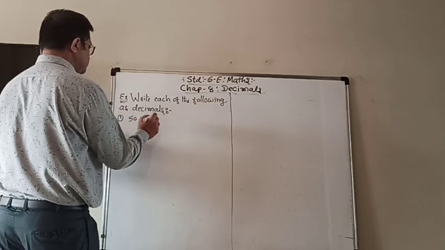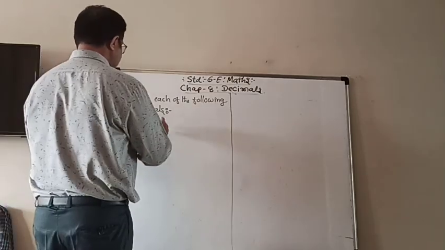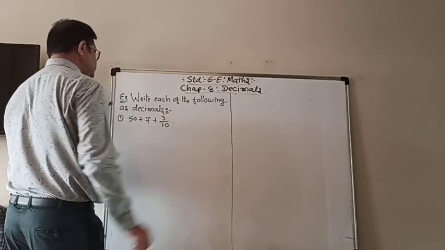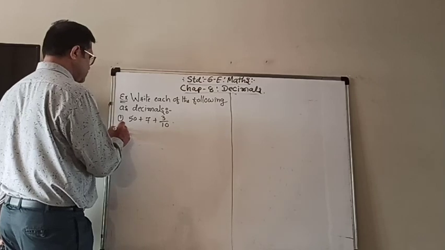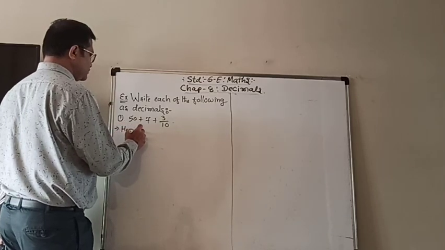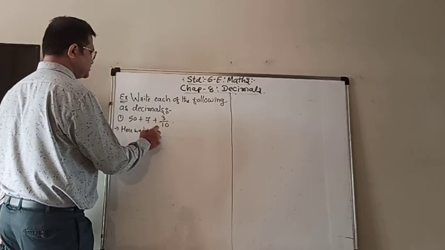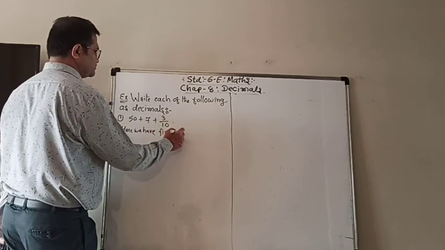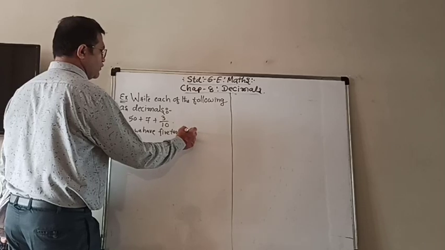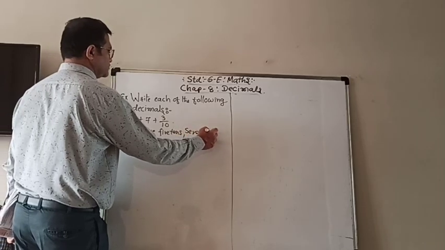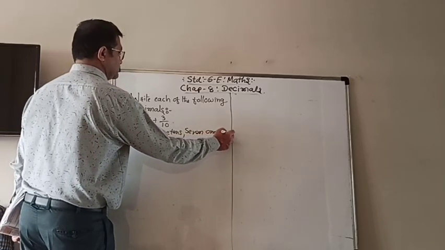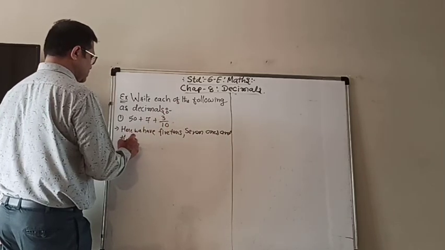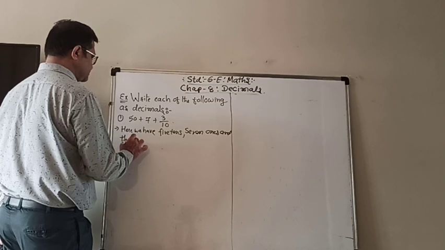50 plus 7 plus 3 upon 10. Here we have how many tens? 50 means 5 tens, 7 ones, and how many tenths? 3. 3 tenths.